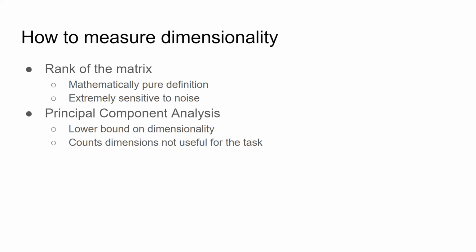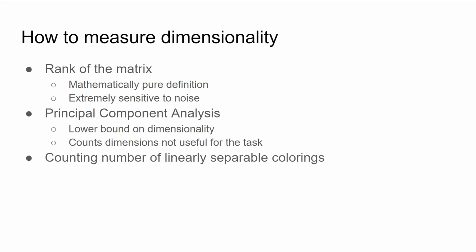So this dimension does exist in the data, but it may as well not. We have a lower bound that also counts dimensions that are not useful for a task. So in that sense, it's not an ideal metric of dimensionality because you have a lower bound that's counting things that aren't even useful, which gives you a noisy metric in some sense.